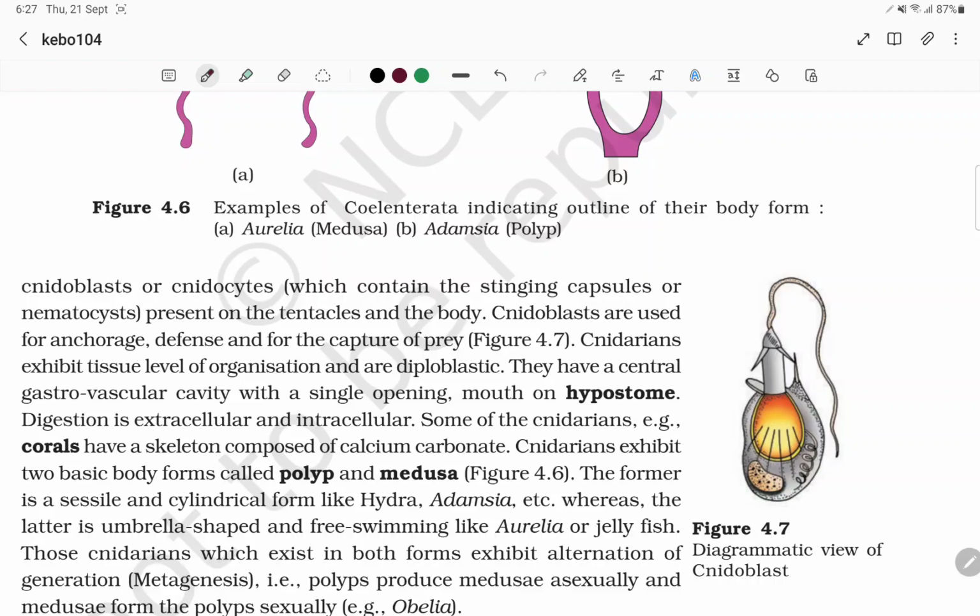And coming to the parts of this, you can see this is the nucleus, and we call this the lasso. This is the supporting fibrils. And we have the shaft and operculum.